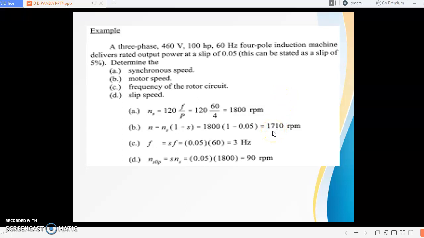Next, the motor speed is to be evaluated. And listen students, the formula for motor speed N is nothing but Ns into (1 minus S). This is the formula. And Ns is nothing but the synchronous speed, which is already calculated in bit A. And here 1 minus S, S is your slip.